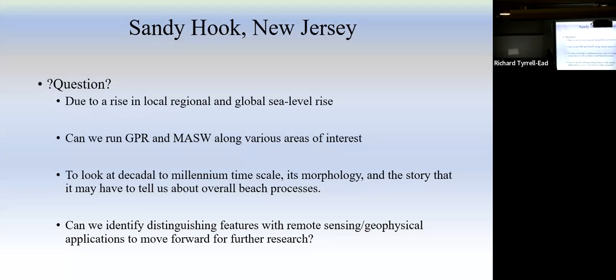The main question for this was, can we identify these features using remote sensing and geophysical data? The area that I'm in, which I refer to as the armpit of America, is affected pretty badly by global sea rise.